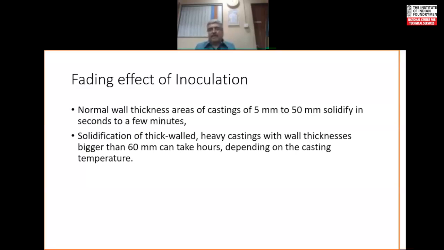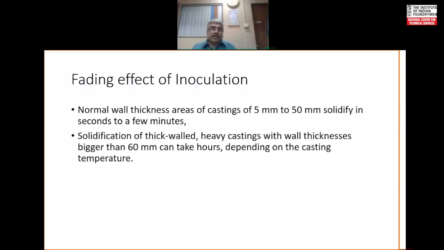While very thick sectioned heavy castings, with wall thicknesses bigger than 60 mm, may take much longer to fully solidify and recrystallize. It can take hours, for big 2-ton components or big machine tool castings.